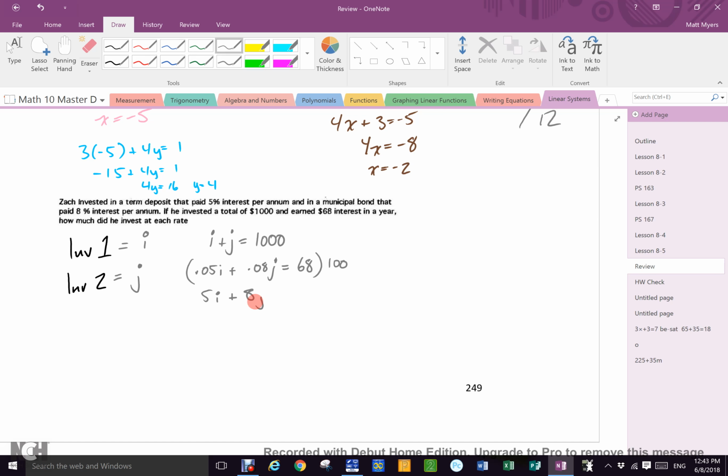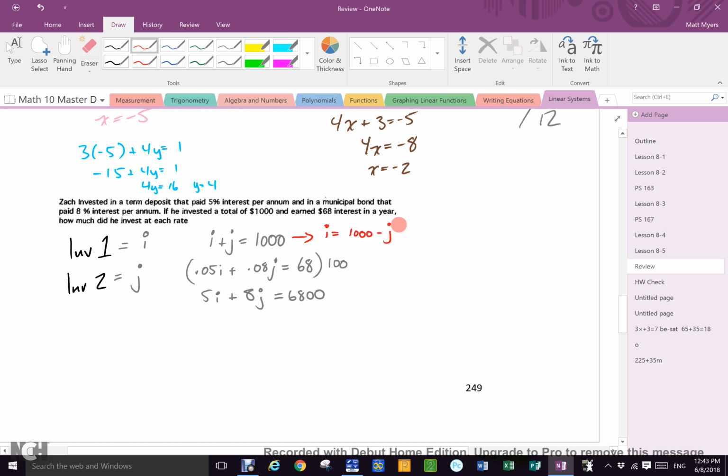Now, this is already set up almost perfectly for what? Substitution or elimination? Substitution. But you could use elimination too, couldn't you? I, in this case, am going to use substitution because I equals 1,000 minus j.